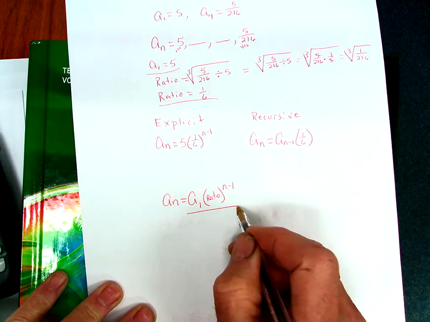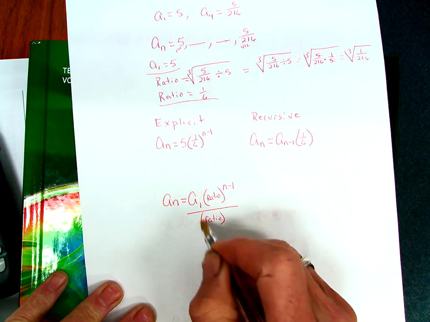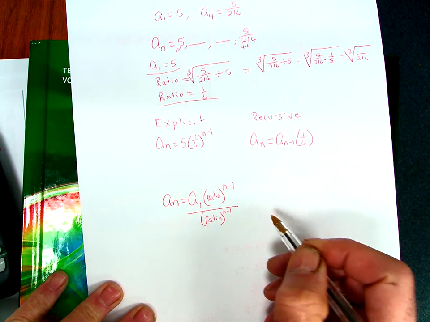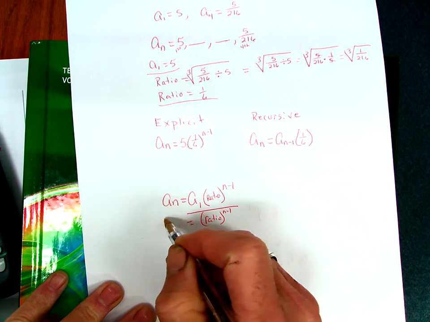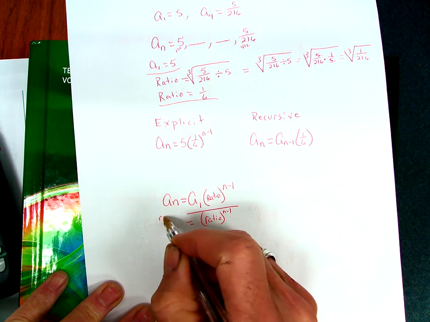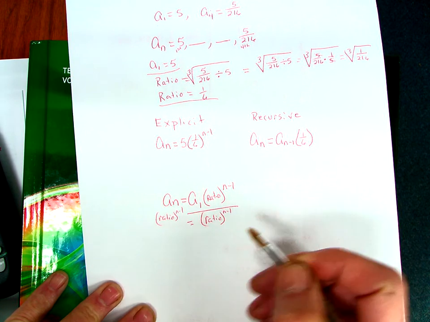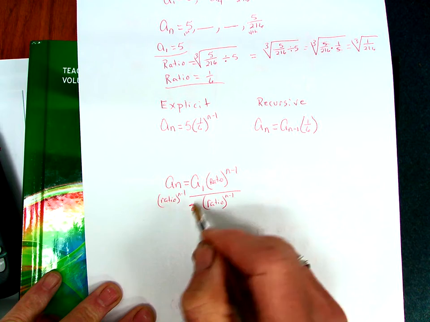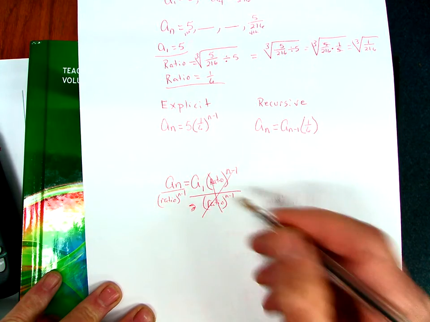So if we divide this side by ratio raised to n minus 1, then we divide the other side by ratio to the n minus 1, this cancels out.